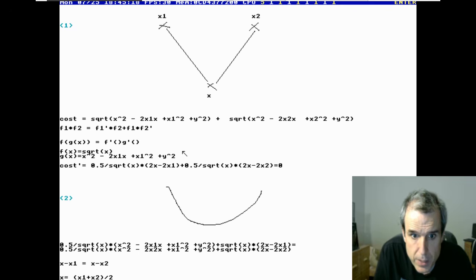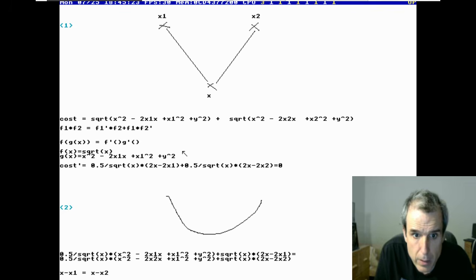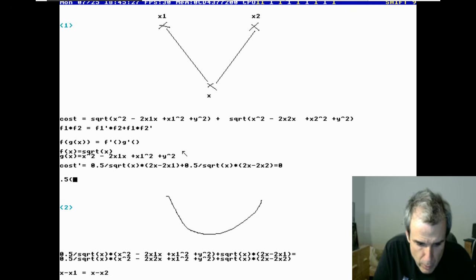Oh, let's just knock off the square root and get rid of it. So we got 0.5, 2. This doesn't look good. I don't think this is right. I don't think it's going to work. Oh, it's a minus.